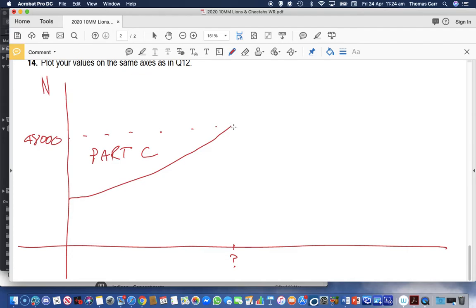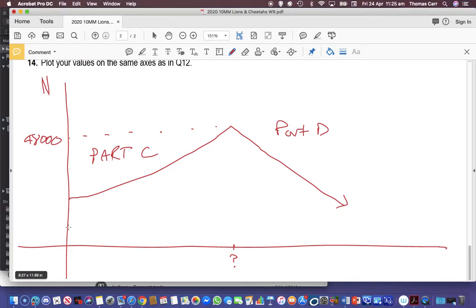Now we're going to do part D, and this is where we're curing it. So presumably we're getting some kind of graph where the numbers are dropping. And what we're trying to figure out is how many days go by until they're cured.